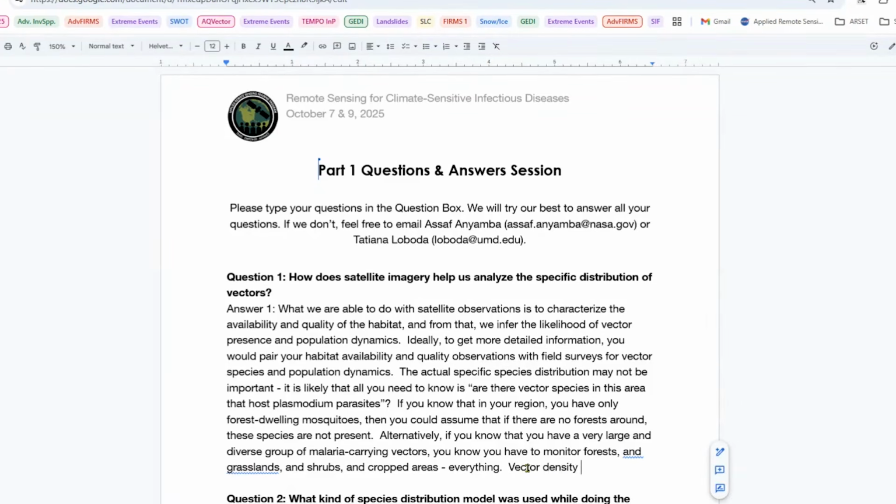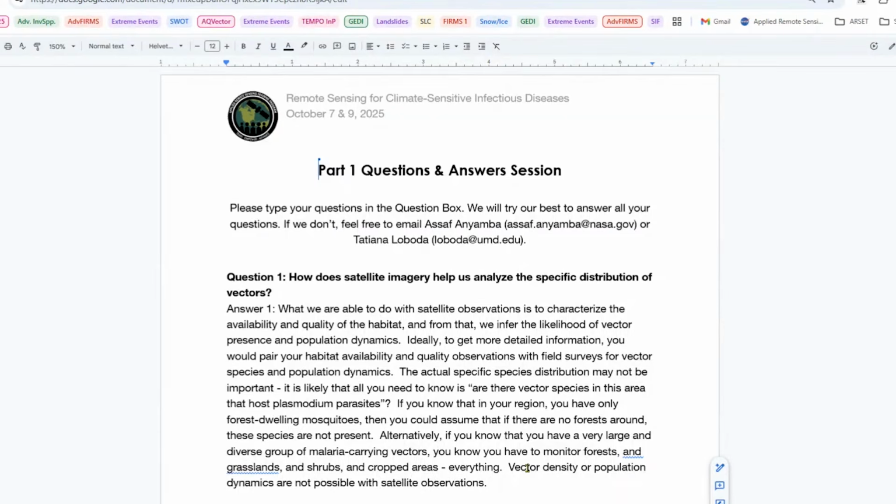So ideally, if that is really the target of your work, you would create a robust field survey for vectors that will complement your satellite observations, and then build the models that will link your satellite observations with your field surveys for specific species and distribution of vectors.